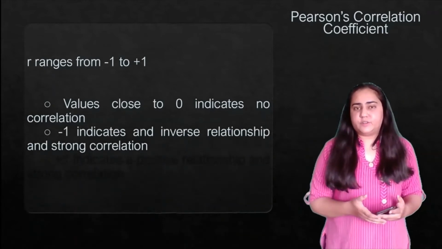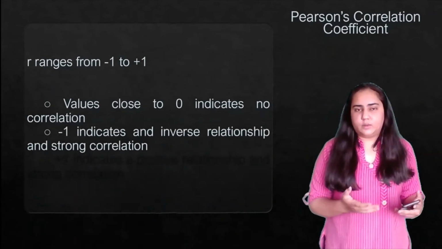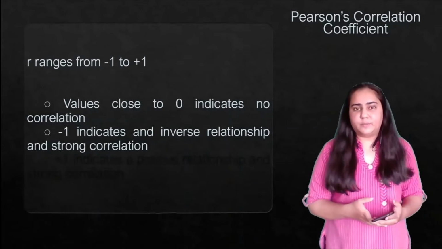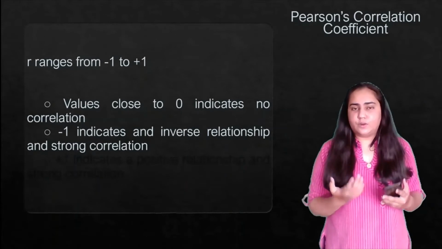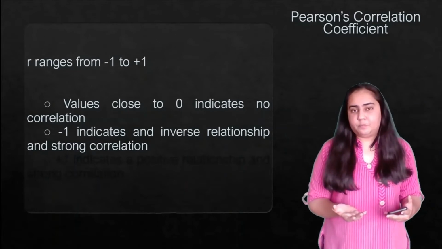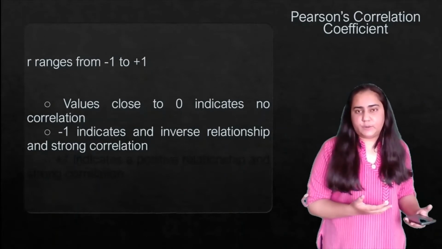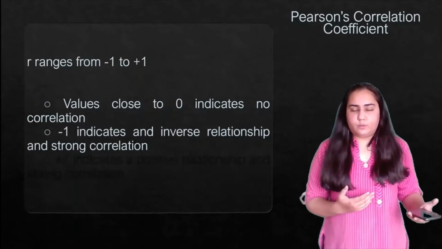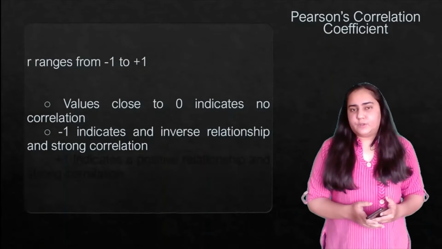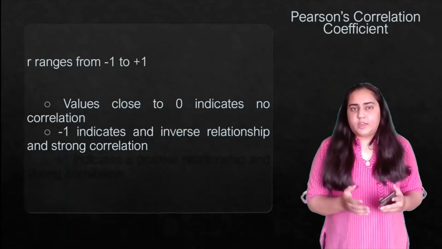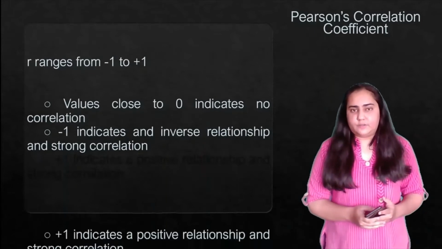If the value of R is -1, or somewhere closer to -1, then it indicates a strong correlation, but the correlation is inverse, which means when one variable increases, the other decreases, and when that one decreases, the other increases. So that is an inverse relationship if the value of R is negative.